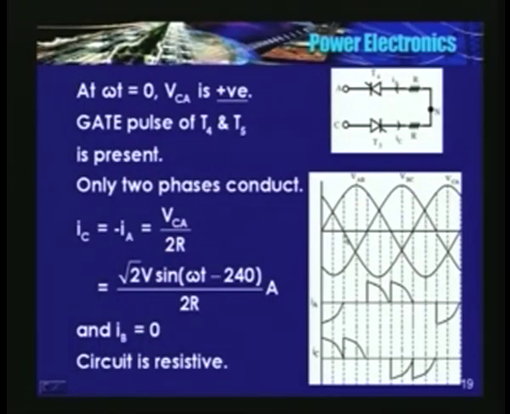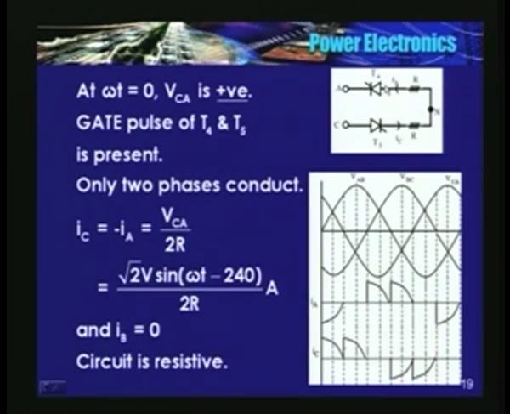Now what happens at omega t is equal to pi by 3? At omega t is equal to pi by 3, VCA is 0 and becomes negative. That means potential of A is higher than potential of C. Resistive circuit, current cannot flow in this direction. So at this point T4 turns off.